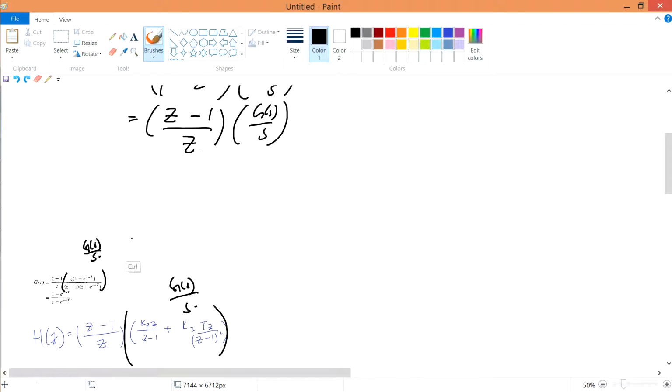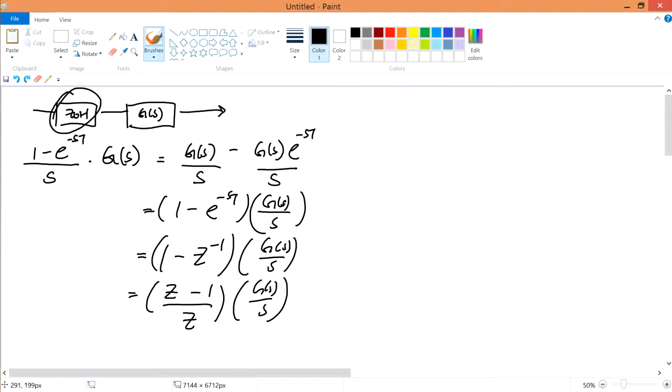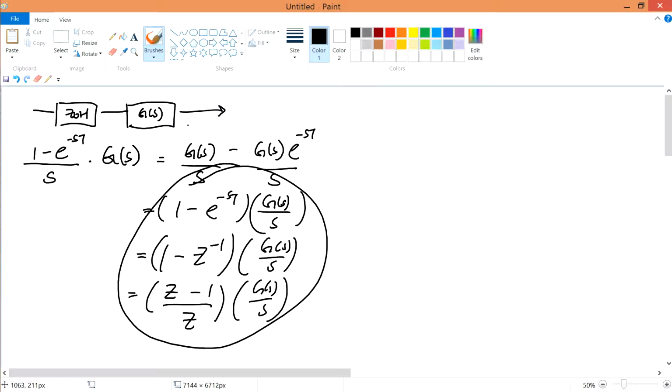It doesn't affect anything. So for the zeroth order hold only, you can straight away do this. For other cases, this isn't constant. It's only for a zeroth order hold multiplied by a transfer function that you can use this method to solve and finish quickly.